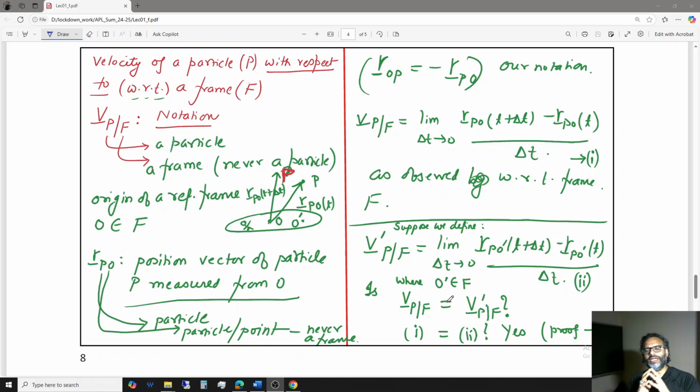But if these two quantities are the same, then we can say that the origin doesn't matter. You need to choose an origin to measure position vectors, but as long as that point O or O prime is fixed to F, we are fine. The particle still has a unique velocity vector with respect to F. So are these two quantities the same? The answer is yes, they are the same, and I will show you the proof.